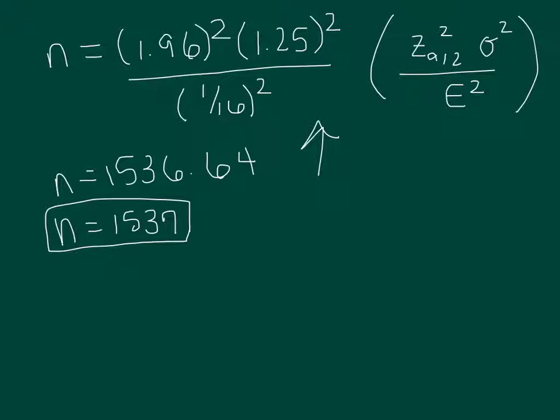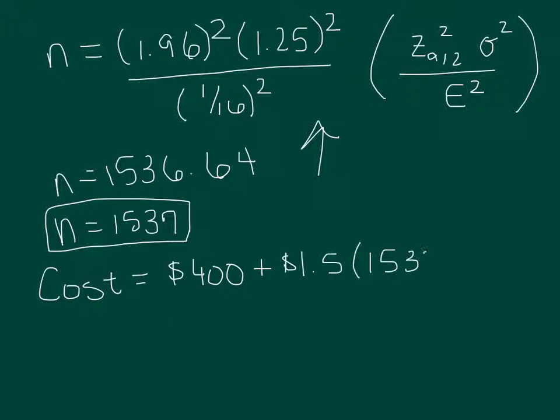If that's all this problem had asked you for, to calculate a sample size, you would be finished. You'd have n equals 1537, and that would be it. But this problem is interesting, because now you need to see how much it's going to cost you to run the survey. Remember, in the problem it says originally you're going to spend $400 for the survey, regardless of how many people you have, and then $1.50 for each additional newborn that you have to weigh.